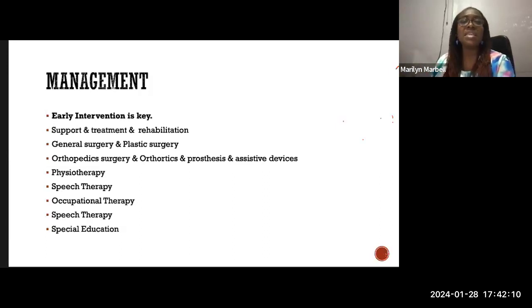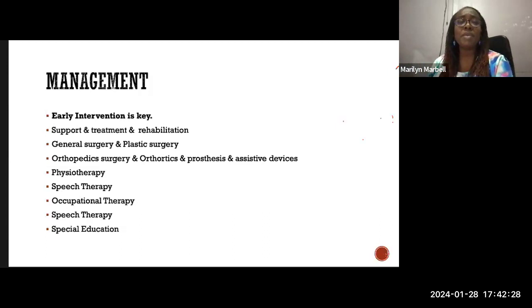Does this maybe need some amplification? Do they need something to be done? Do we have to start something immediately? If we wait till the child is 4, 5, 6, we've lost those best outcomes. So early intervention is very key.